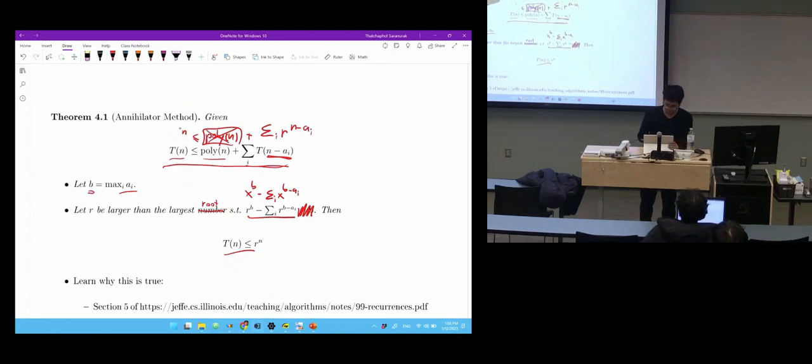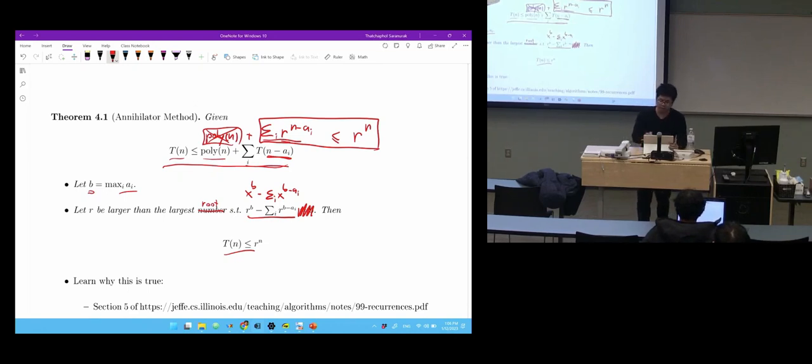We want to find R such that this sum is less than R to the n.